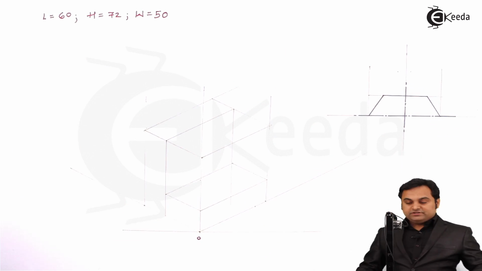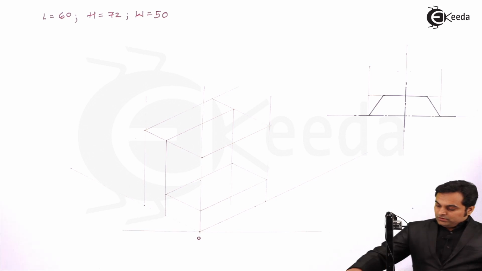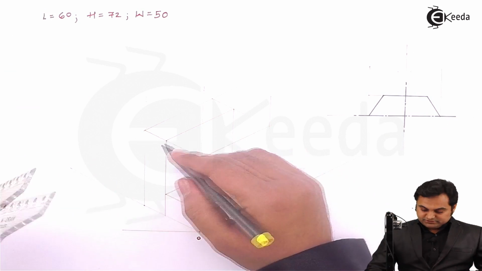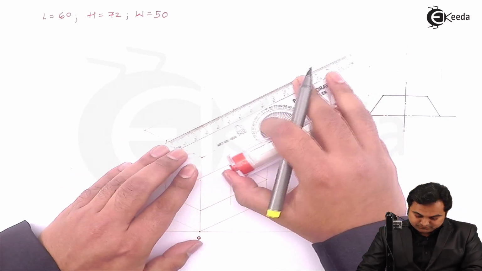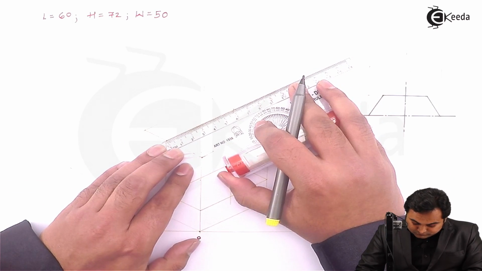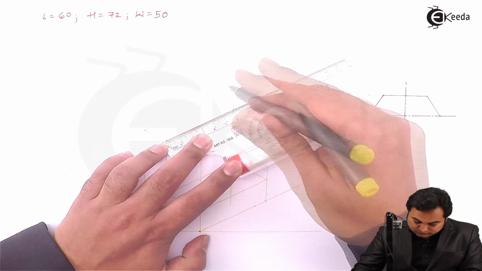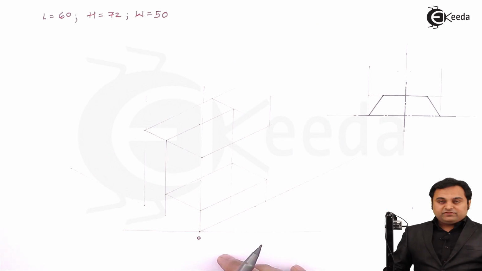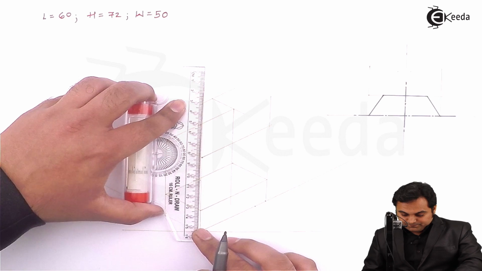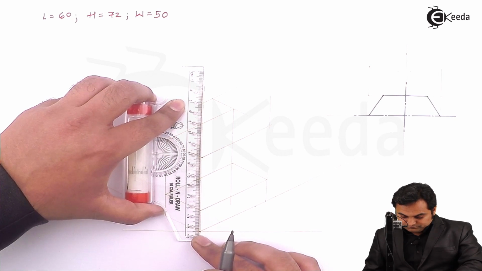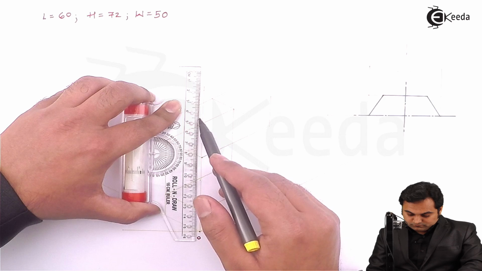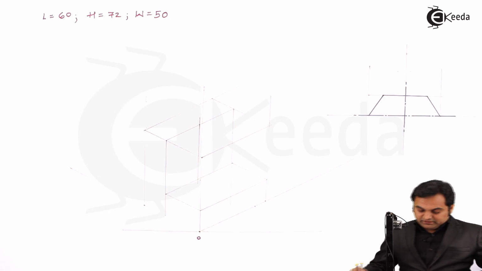Now after drawing this surface, first I'll plot the center here, like I've drawn the center line here. The same will be on this surface. Taking half of 60, that is 30 mm, drawing a light vertical center line.